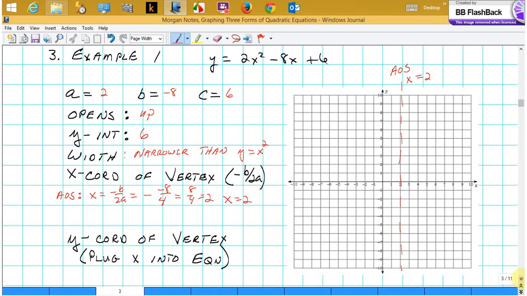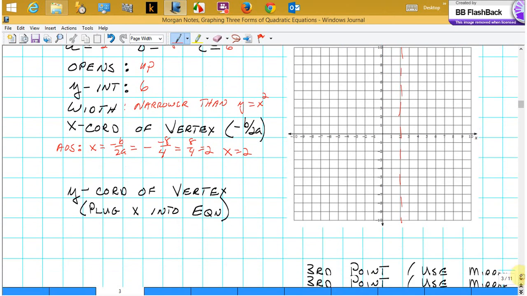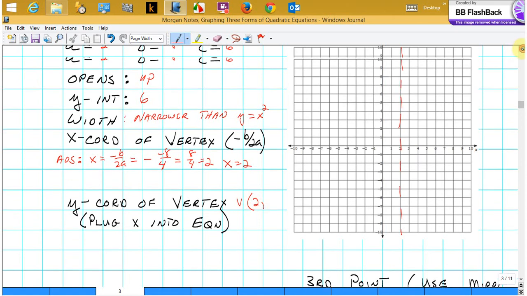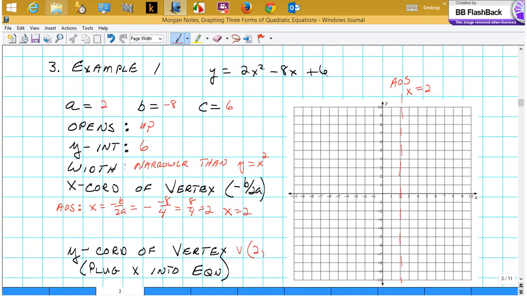Now we also know that the vertex is going to be on the axis of symmetry, so the x-coordinate of the vertex is 2, and now we need to figure out the y-coordinate, so I need to plug the x into this equation. And here's the equation: 2x squared minus 8x plus 6.